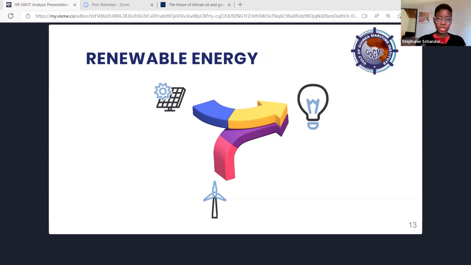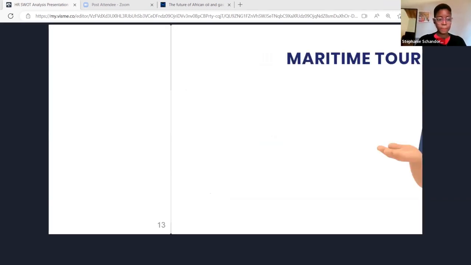And the oceanfront offers several options, right? Whether we are talking about wave energy or energy derived from ocean currents, or whether we are talking about energy generated from offshore wind, we have to find ways of, as youth, deepening our knowledge on continent energy security. And the ocean provides a very good solution to several of these problems.